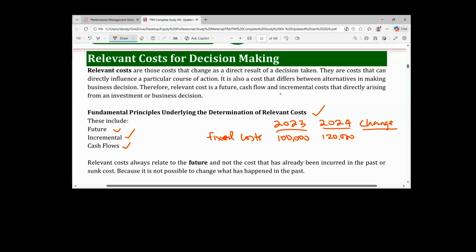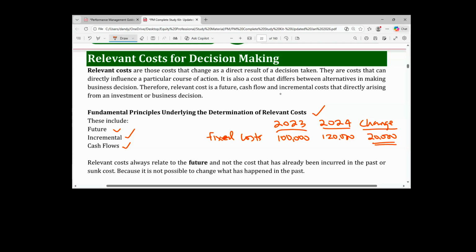All you need to do is to compare the change, what has happened between the 2 years. From 100,000 naira, fixed cost has increased by 20,000. So technically, the amount incurred in 2024 is 20,000 naira. So this 20,000 naira represents incremental cost.